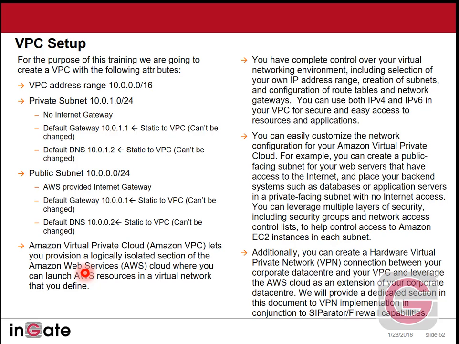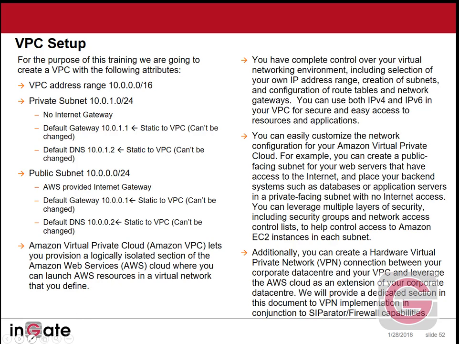Additionally, you have VPN services provided already by Amazon inside the VPC. You're going to be able to create IPsec-based VPNs directly connected to your VPC, or you can even get from Amazon a physical direct connection with your data center, for example.